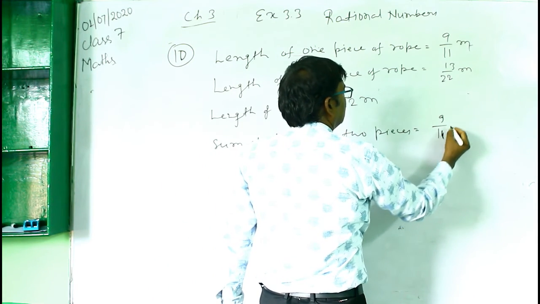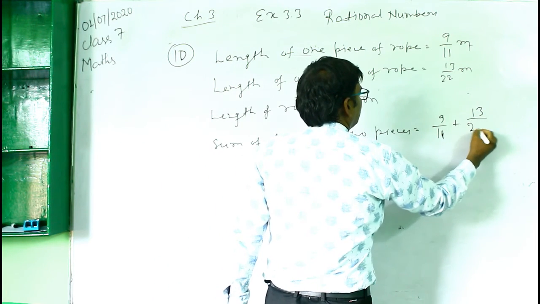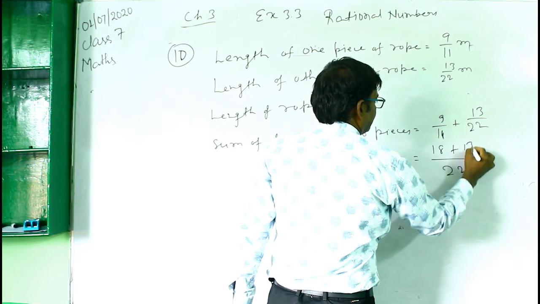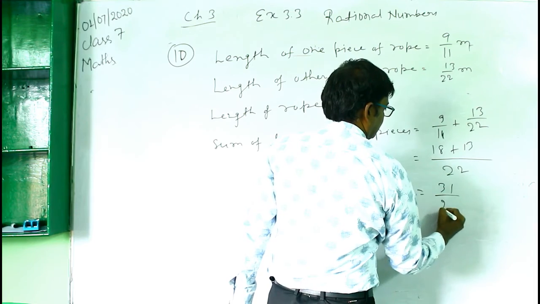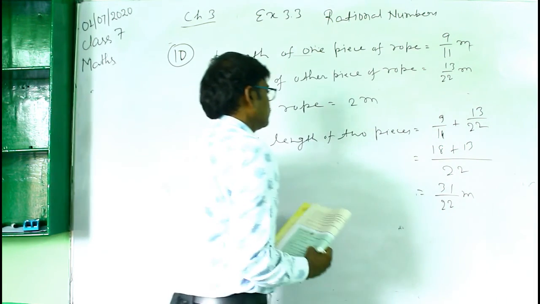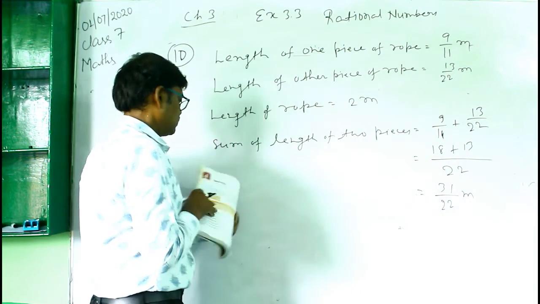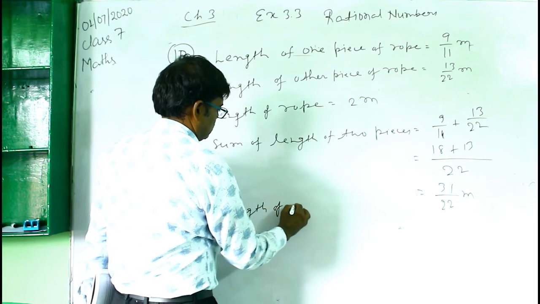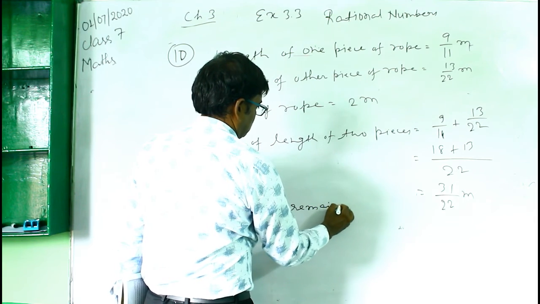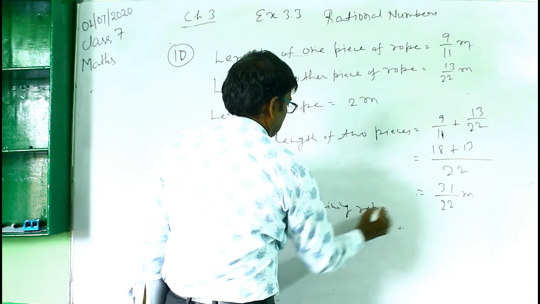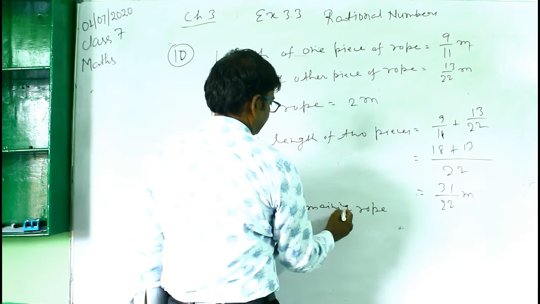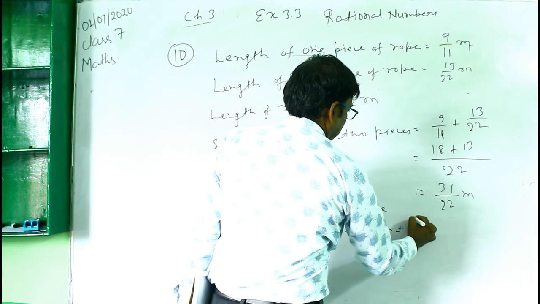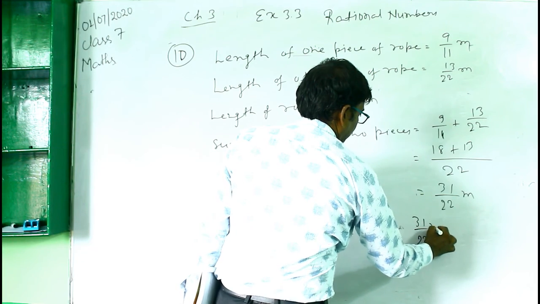So 9/11 plus 13/22 is 31/22 meter. So the length of the remaining rope equals 2 meter minus 31/22 meter.